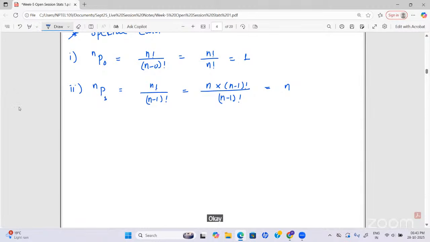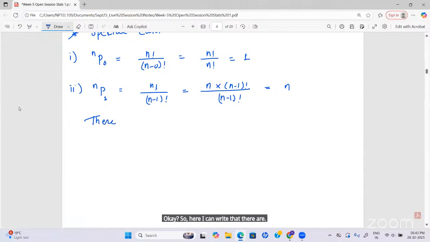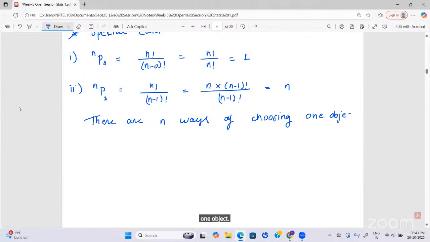So here I can write that there are n ways of choosing one object out of n.